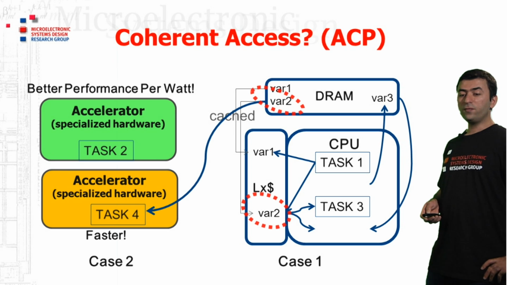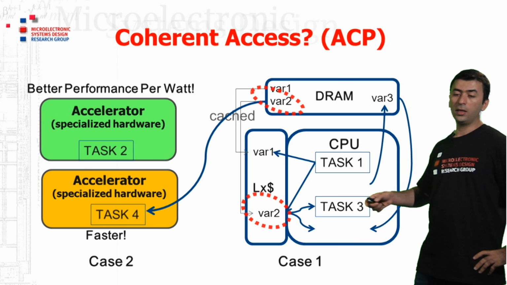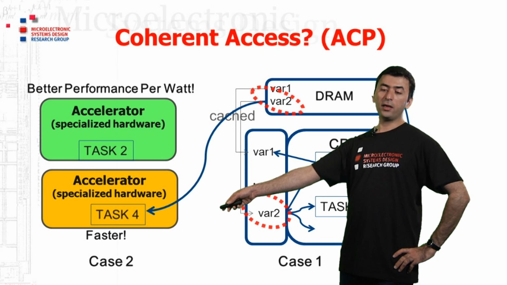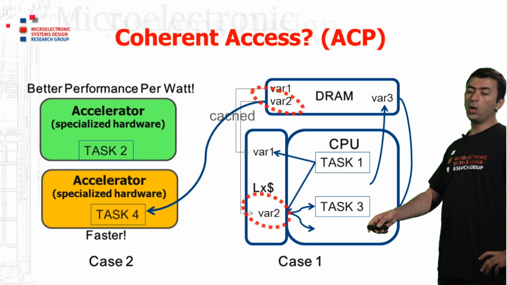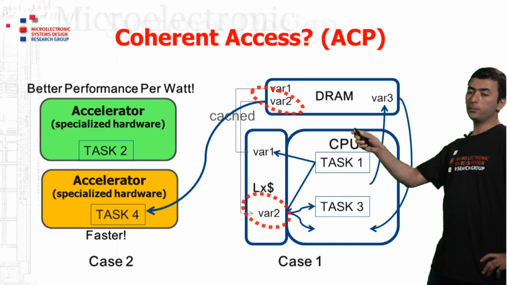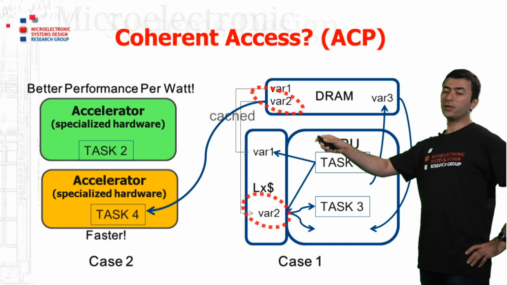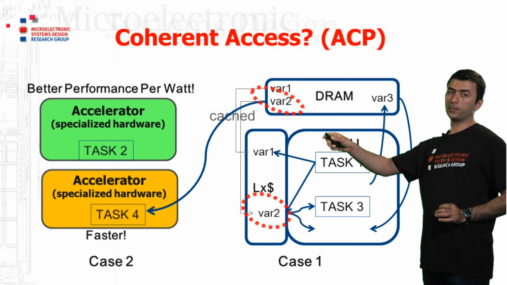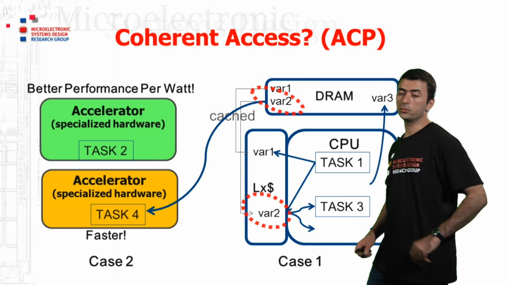So if we want to perform a correct operation every time that the task 4 wants to read variable 2, we should first make the CPU flush the cache completely to the DRAM memory, so that we can be sure that the latest version of variable 2 is right now in the DRAM memory, and the accelerator is reading the correct value.